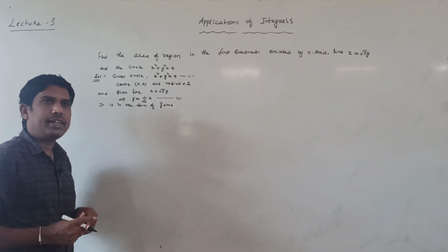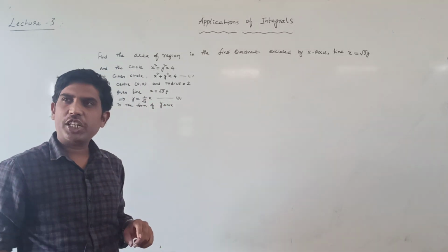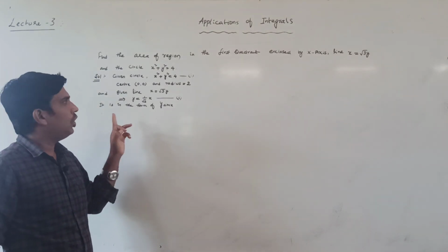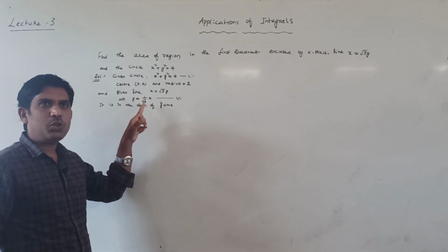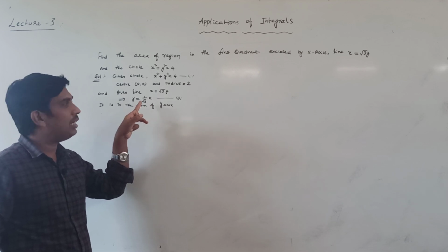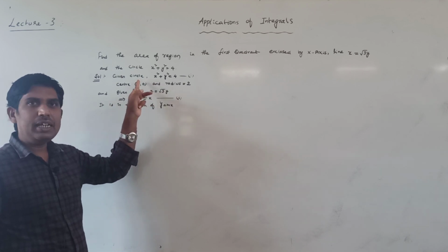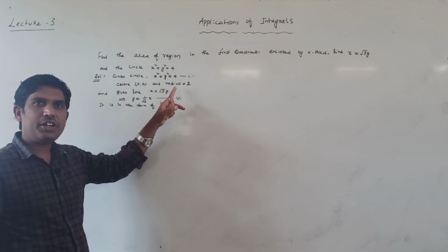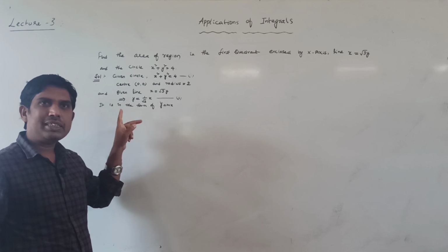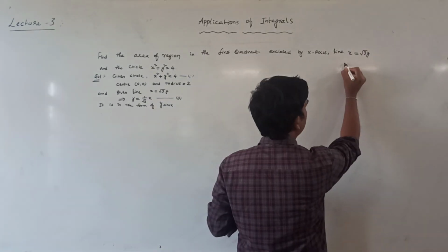In first year straight line concept, we know the equation of straight line passing through origin having the equation y is equals to mx. So here y is equals to 1 by root 3 into x. So it is in the form of y is equals to mx, means that this line passing through origin. It represents circle with center at origin and radius is 2 units, and this line represents straight line passing through origin. So now draw diagram for that.